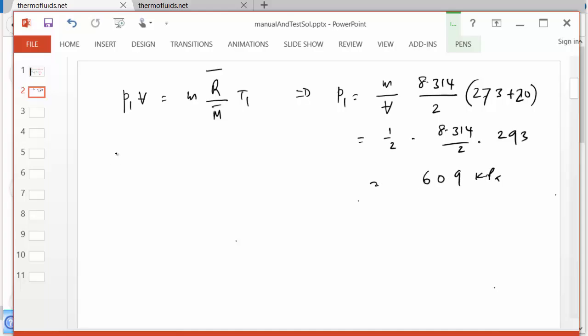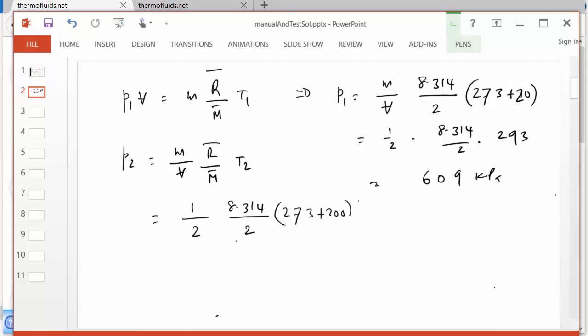Likewise, we can find P2 with the same mass, same volume, R bar over M bar, T2. Mass is 1 kg, volume 2 meter cube, the universal gas constant, the molar mass, and 273 plus 200 Kelvin.